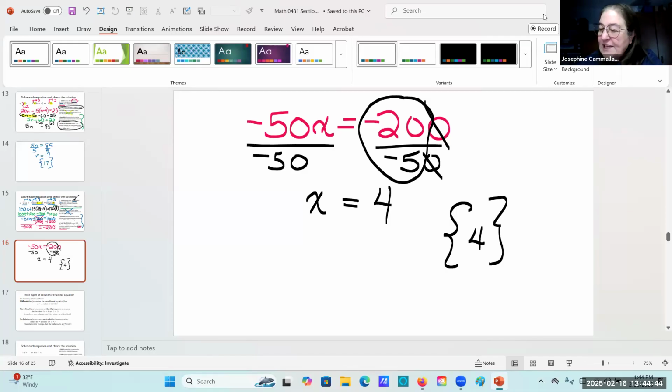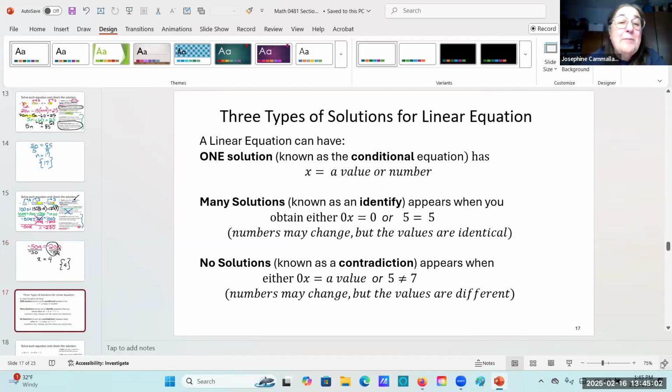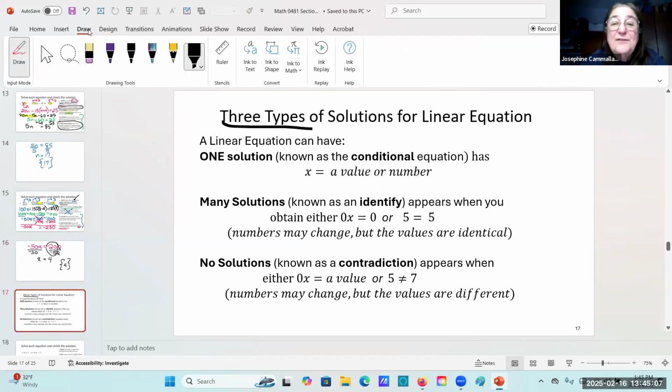Now, I'm bringing back this next slide because this is where we talked about it in 3.1, but we didn't really use it. Well, the reason is you've got to have a whole lot of terms in an equation because remember, we've talked about 3 types of solutions. In 3.1 and everything up till now, we have had an answer, one solution.